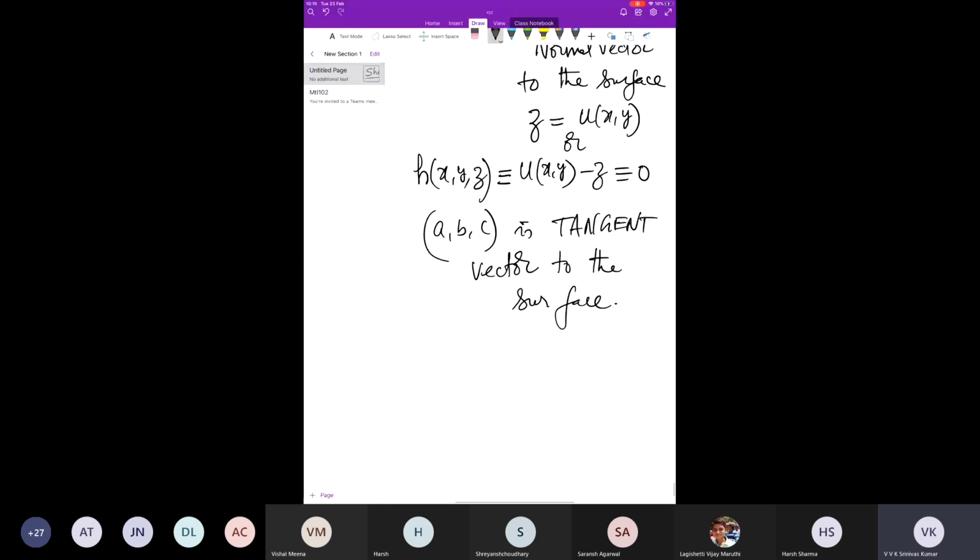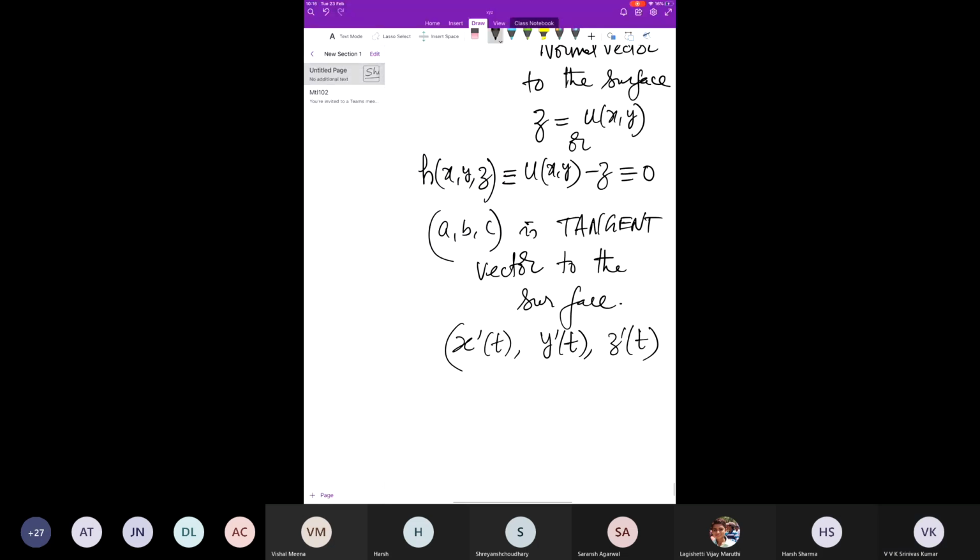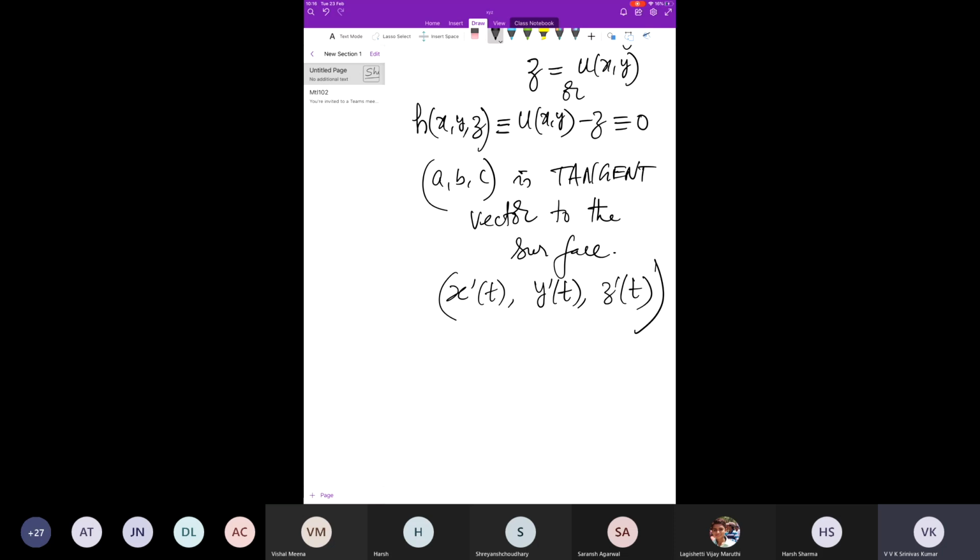So what is actually the tangent line passing through a point on a given curve? If the curve is given by the parameterization x(t), y(t), z(t), then x'(t), y'(t), z'(t) is a general tangent vector.